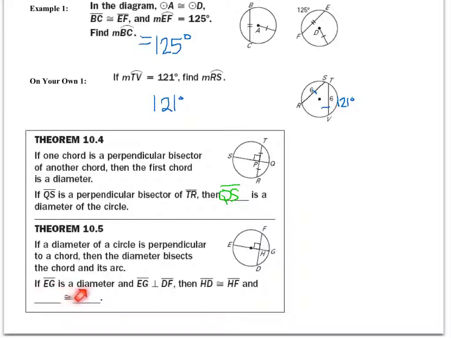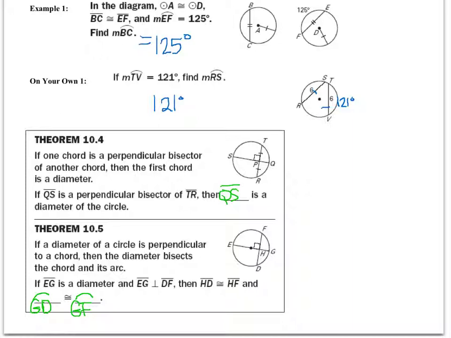So if segment EG is a diameter and segment EG is perpendicular to segment DF, then segment HD is congruent to segment HF. These two pieces are the same. And we also know these arcs are congruent as well. So we can say arc GD is congruent to arc GF.